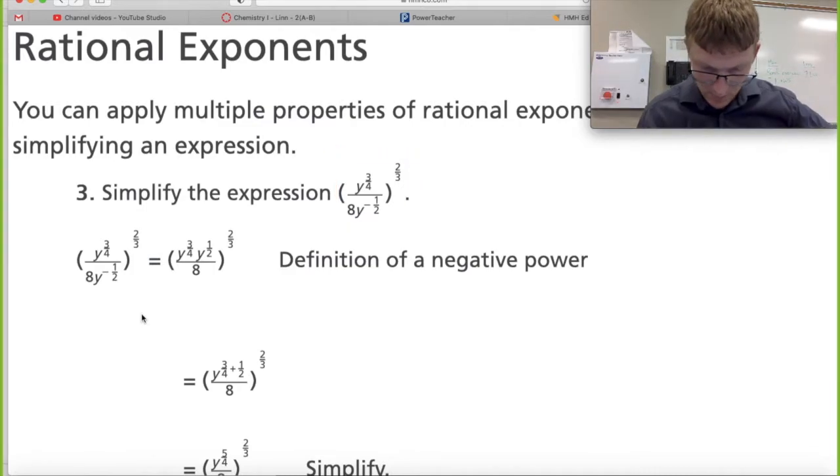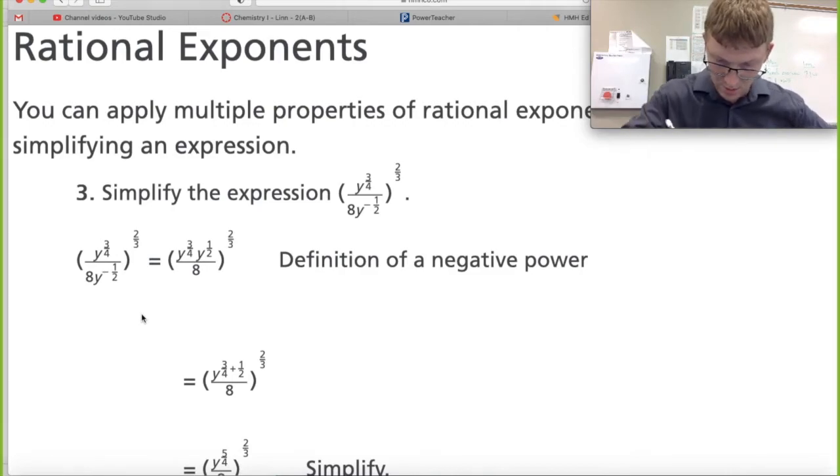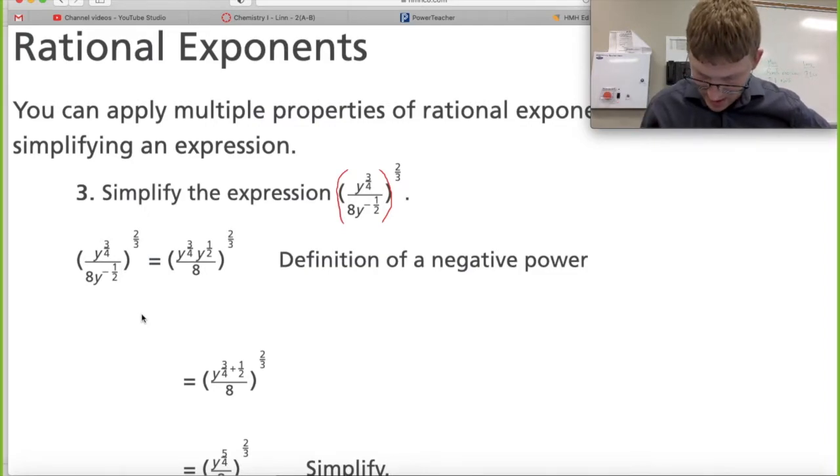So let's start inside of the parenthesis. We should always start inside of the parenthesis. So we have just this part. That's y to the power of 3/4 over 8y to the power of -1/2. So our definition of negative power. See, yeah, they're even being goofy.